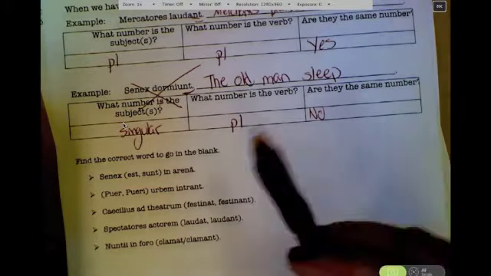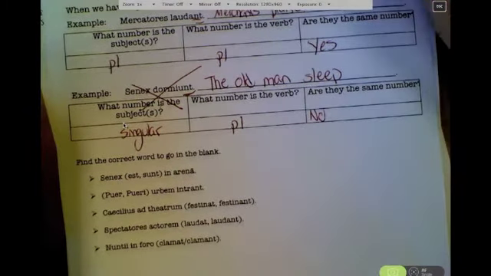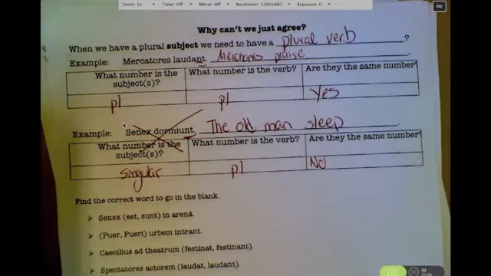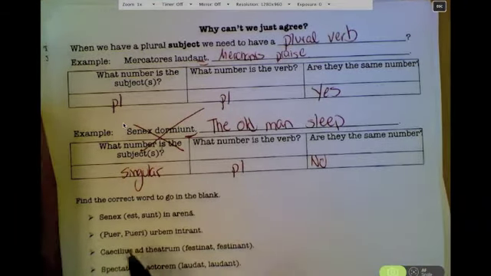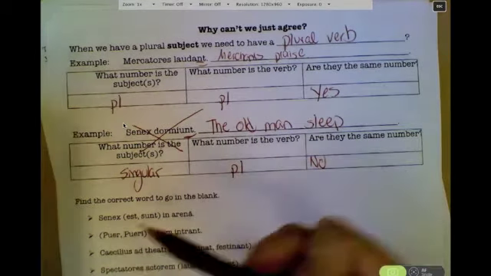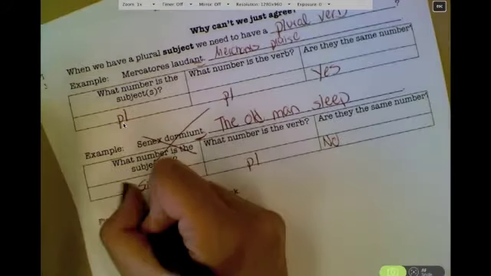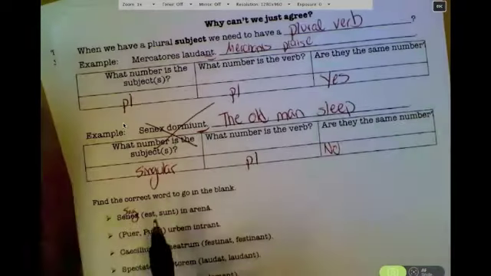Okay, so again, my nominative plural and my verb need to be the same number. So here we have senex, est, or sunt in arena. Okay, I see senex. Senex I know is singular. So I need to decide, since this is singular, I want my verb to be singular as well.